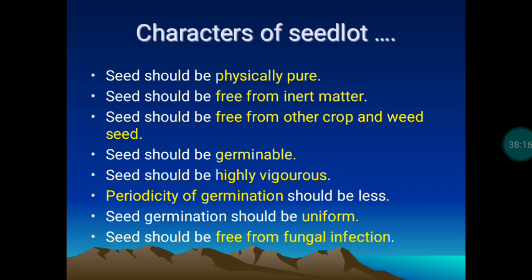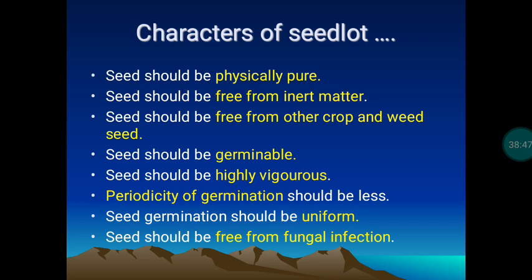Then seed germination should be uniform. Suppose you are sowing 100 seeds, then all the seeds should emerge on the same day. If they emerge on the same day, further crop management activity will be very easy. For example, you are sowing 100 seeds. After that, 25 seeds emerge on the fourth day after sowing, another 25 on the 10th day, another 25 at 15 days, and another 25 at 20 days after sowing.